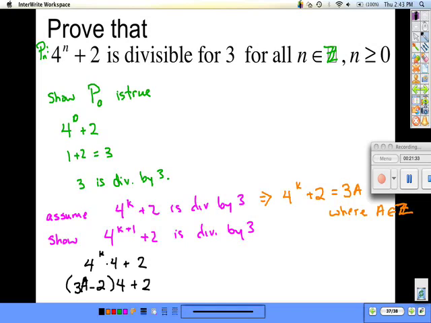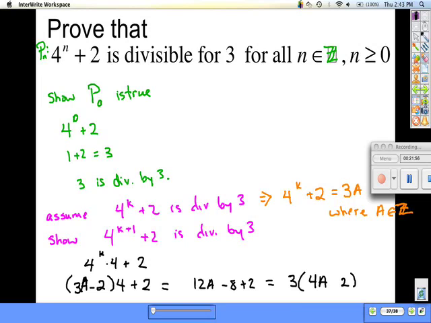And this is equal to 12a minus 8 plus 2, and that's going to be 3 times 4a minus 2. So we've just shown that 4 to the k plus 1 plus 2 can be written as a multiple of 3.